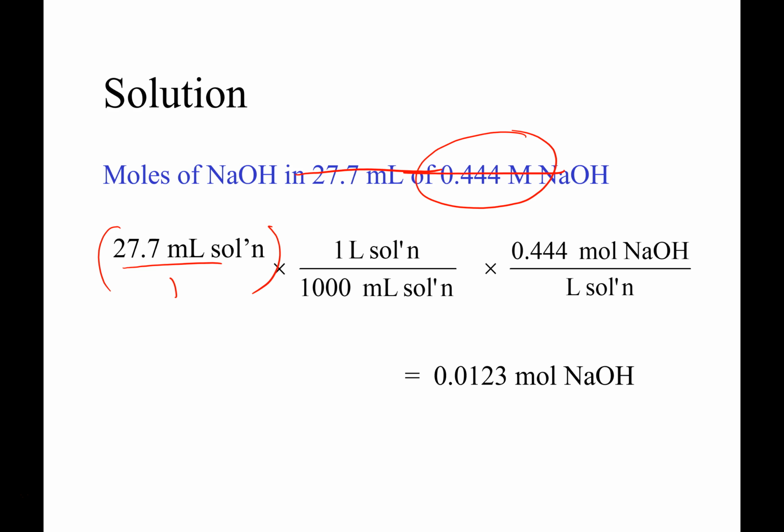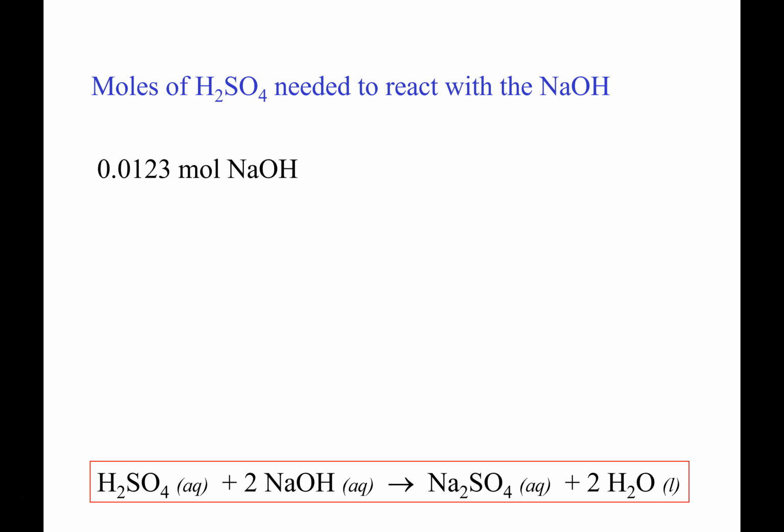So Allison says we're going to go use, so I'm going to put you on the spot, Madison. We're going to go from moles of NaOH to moles of H2SO4. So how can we use a stoichiometric ratio to make that happen? Like the balanced equation, this is 1 mole of H2SO4 reacts with 2 moles of NaOH. So how can I use that information to put a ratio here to make moles of NaOH cancel, and be left with moles of H2SO4?